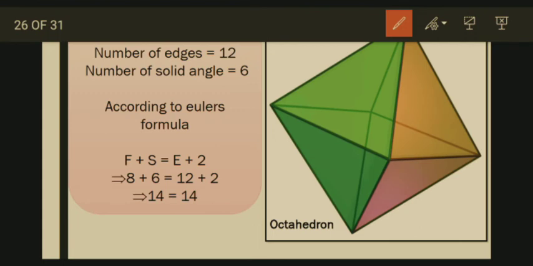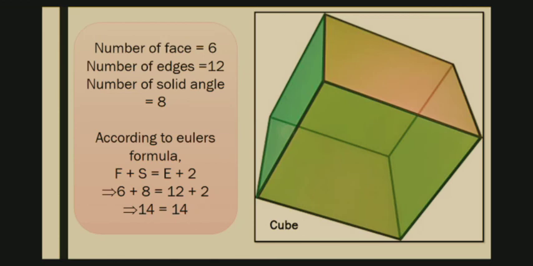So according to Euler's formula, if we put these values in the corresponding places, we get 14 is equal to 14. That means the octahedron satisfies Euler's theorem. Clear? Secondly, I have a cube. In the case of a cube, there are 6 faces and 12 edges, and the solid angles are 8.